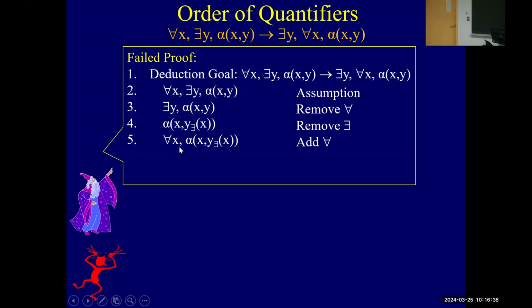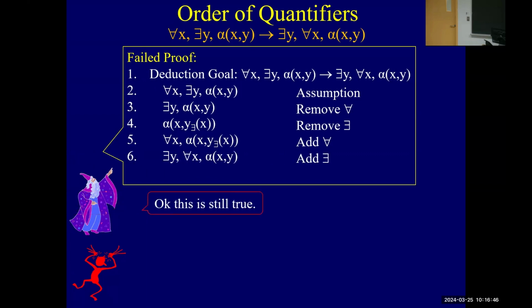Each time I can check and say, yeah, I still have the right meaning. And then we say, that's all good. All right, so now can I put the exists on? And I can't, right? I can't because there doesn't exist one y. The y depends on the x, right? And that's why we have this rule. Everybody good with that?